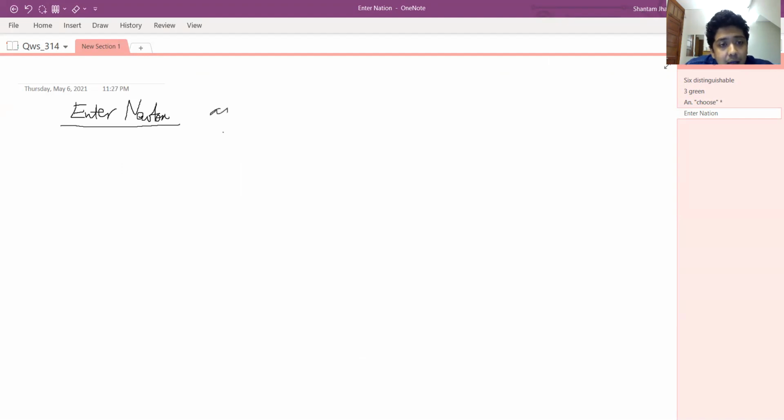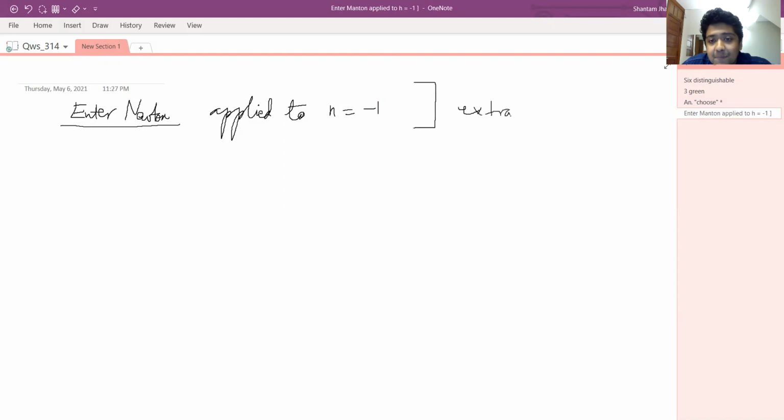And then Newton applied it to the condition where n equals -1, all right? And this is fun. This is so much fun that this is actually the extra credit problem where you ought to prove that this formula also works for n equals -1, all right?